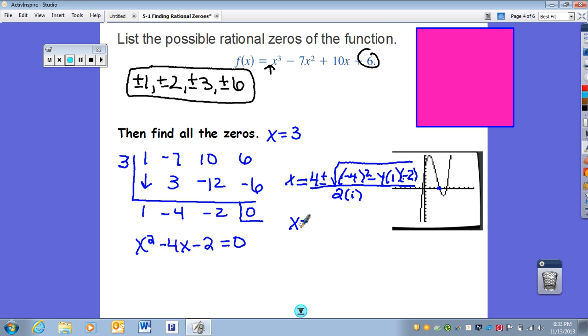So we have x equals 4 plus or minus the square root of 16 plus 8, which is 24, divided by 2.